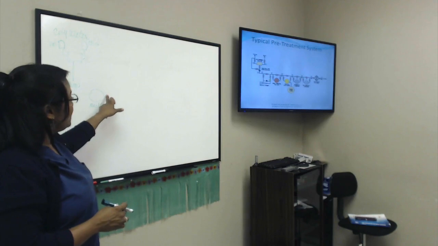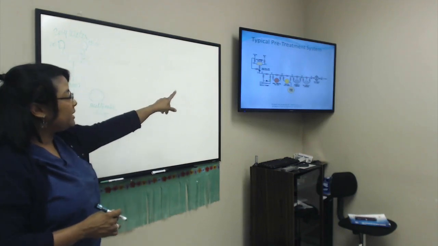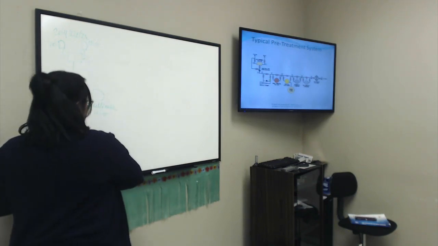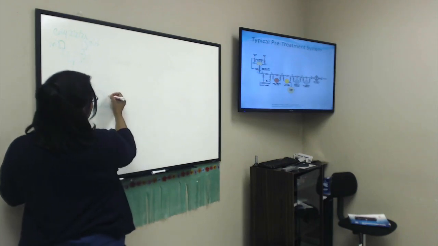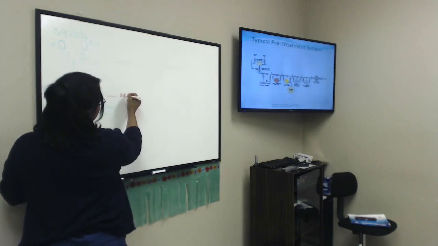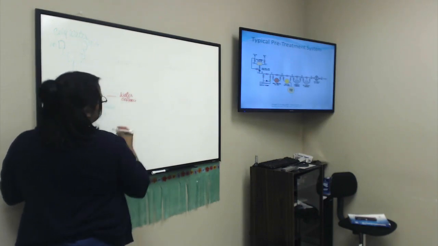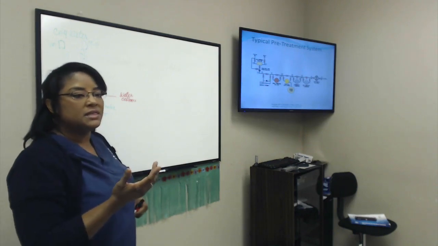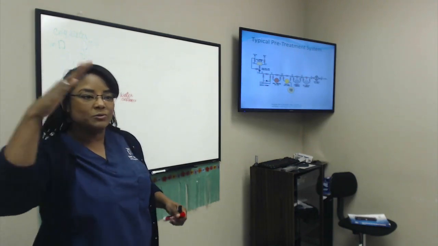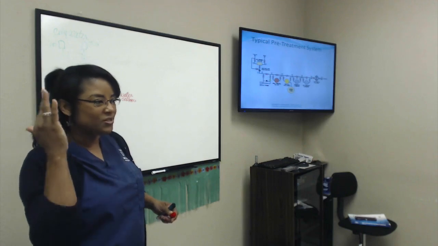After this multimedia filter, we're gonna start moving into the water softener. A lot of us have water softeners at home. This is the most common thing that we have in households, outside of the house. Usually it's on the side.